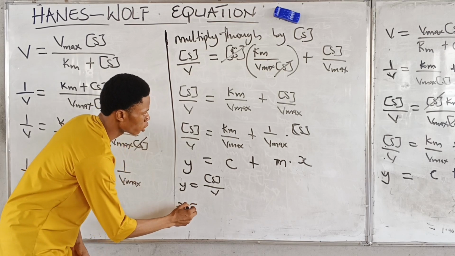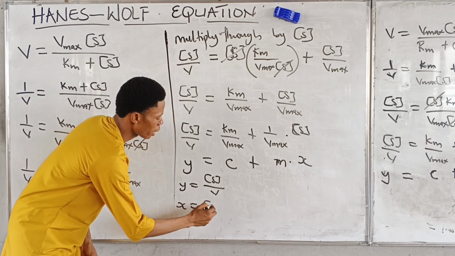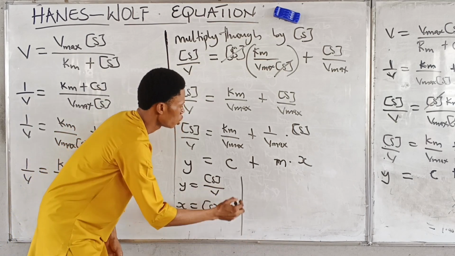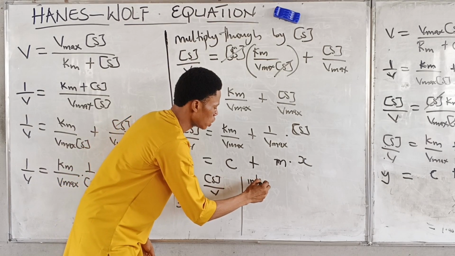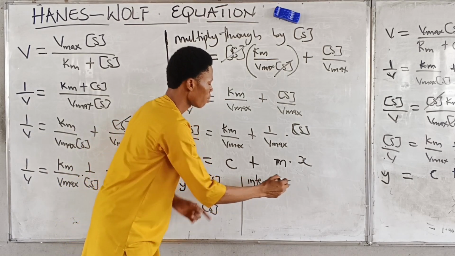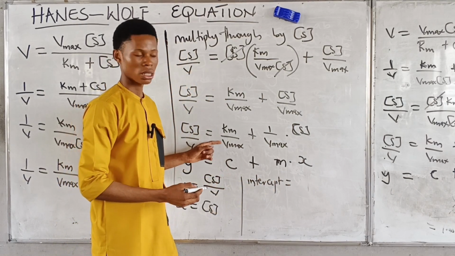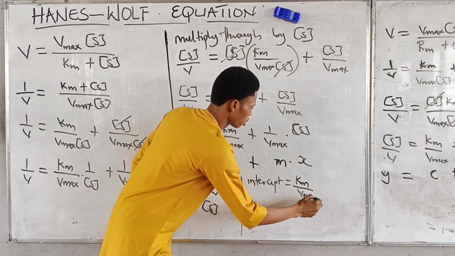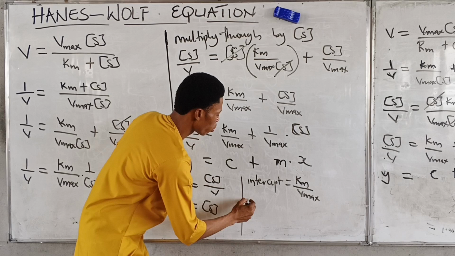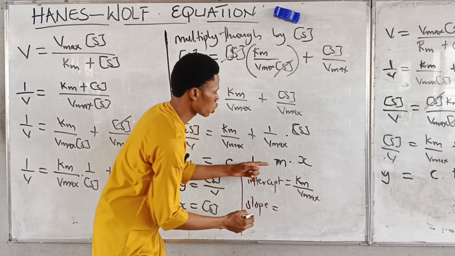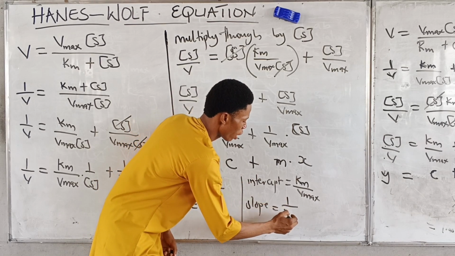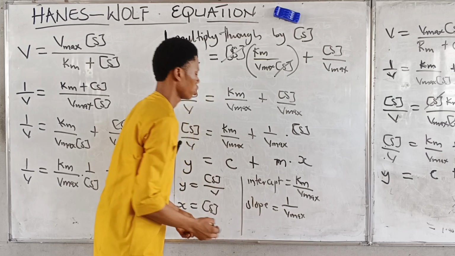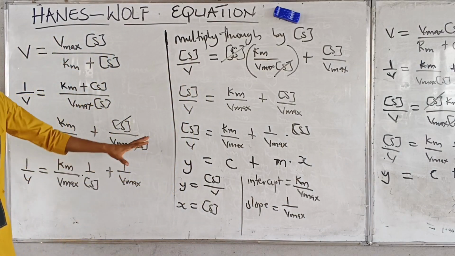Your x-axis will be S, right? Your intercept on the y-axis will be, remember, c represents intercept, Km over V max. Then our slope, m represents slope. Slope will be 1 over V max. Alright. So that is that.